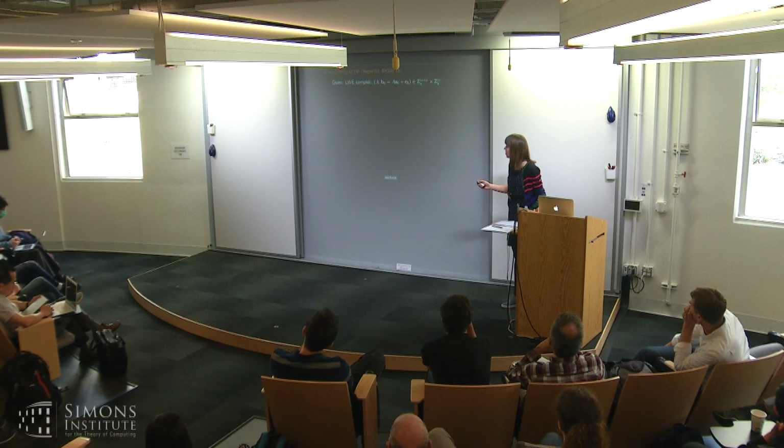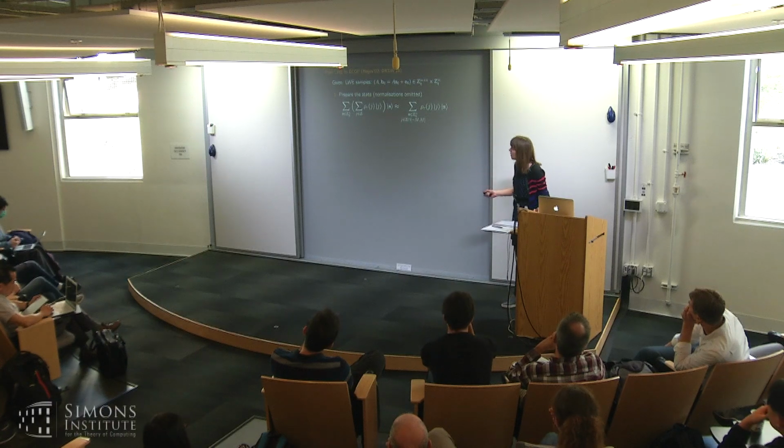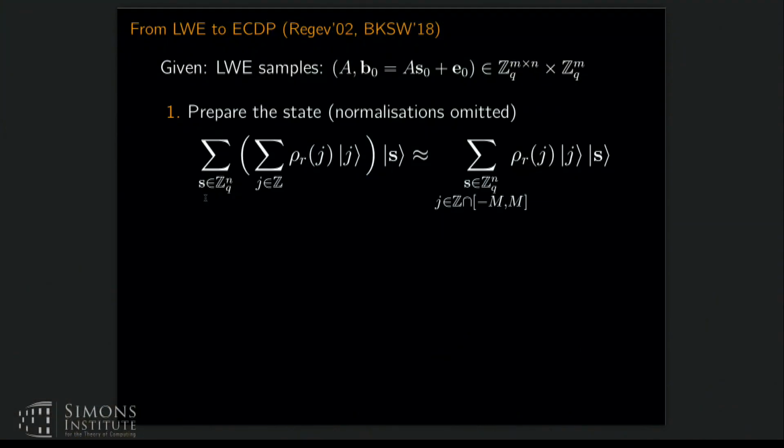All right. So we can prepare the state. Namely, we can prepare first a uniform superposition over all S's. This is a quantum step, but the result is kind of known. It's easy to do. And we tensor this with the distribution over all the J's weighted by Gaussian. This is also possible to do. I will not be describing how, but you can do that.